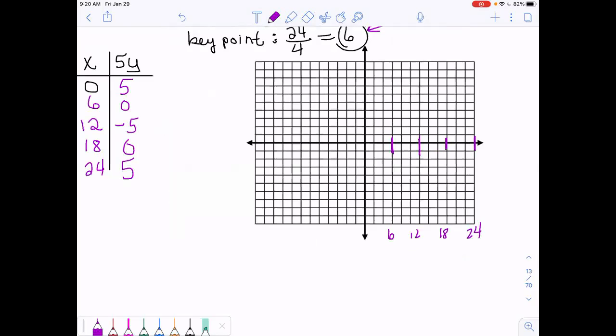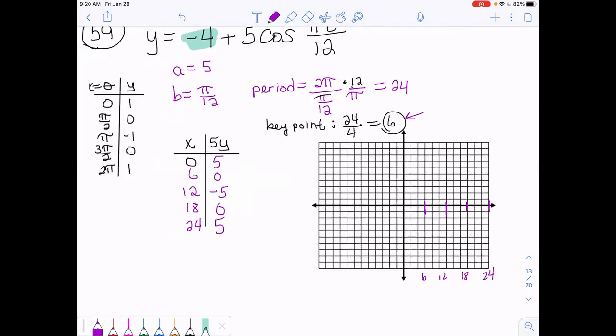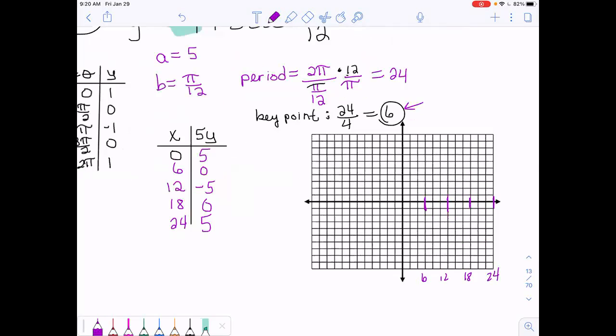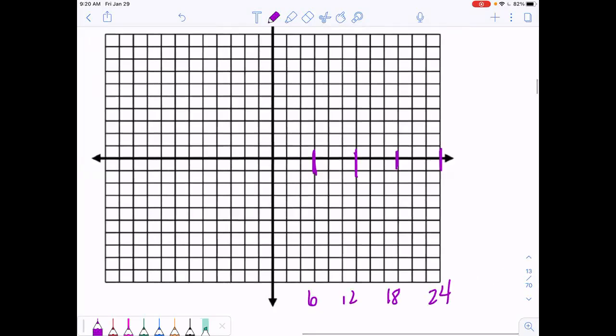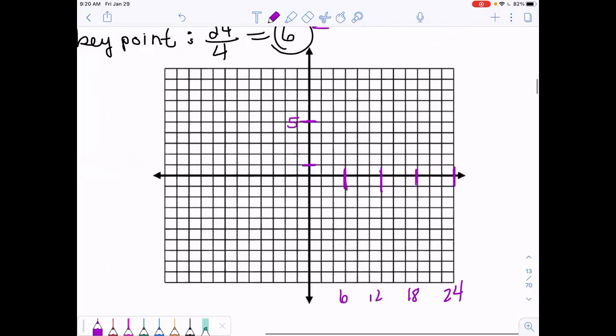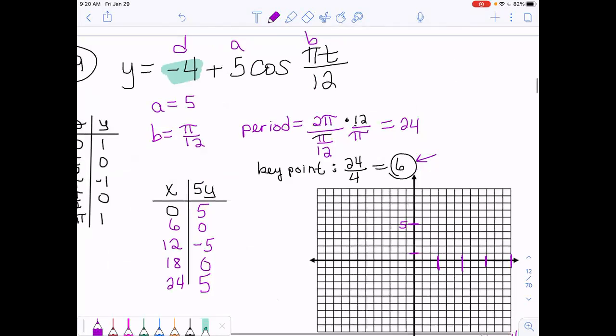Now, careful with this. My A value is 5, but then we're also going to be shifting things. So on the y-axis, I'm just going to count by 1s because that A value is a pretty tall stretch. So I'm going to just say 1, 2, 3, 4, right here is 5. And again, the reason I'm doing that is because this D is going to move my graph up or down, and I want to make sure the entire graph can fit.